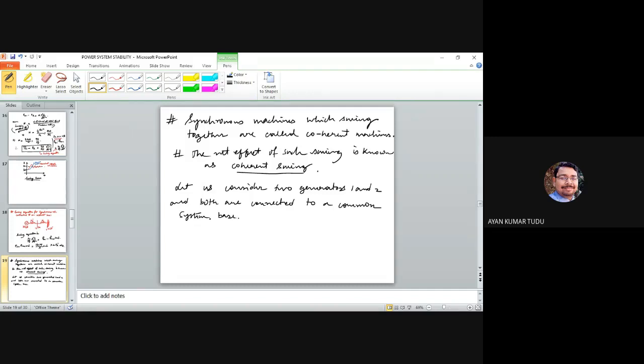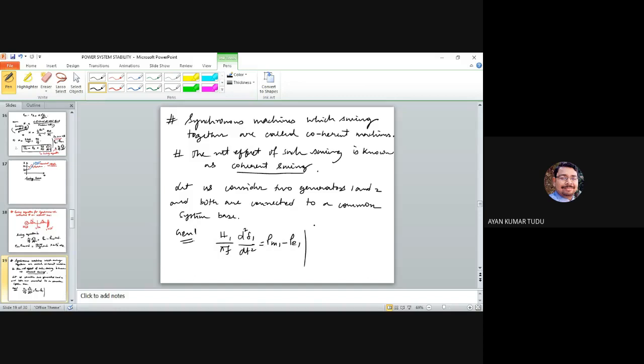Again, all units are in per unit basis. So for generator 1, the swing equation would be H1 by pi f into d2 delta 1 by dt square equal to Pm1 minus Pe1.